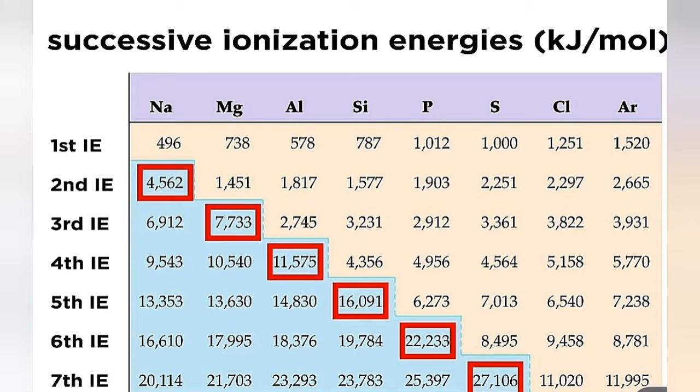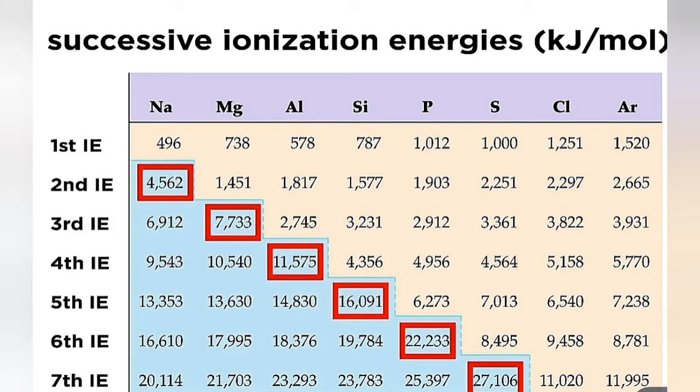An element will have a huge jump in ionization energy after you take the last electron in a shell, because then you jump to the noble gas electron configuration from the previous shell, which is full. So it really won't want to give up any more electrons.